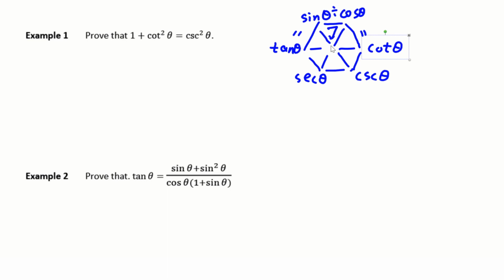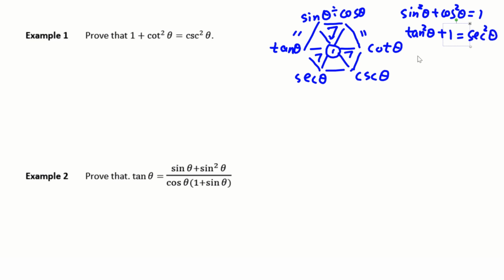Then the Pythagorean: the top two, sine squared plus cosine squared equals the bottom one. So this one, tangent squared theta, this is a triangle this way, tangent squared theta plus 1 equals secant squared.